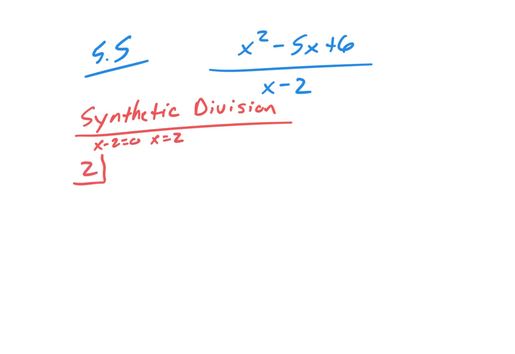So 2 is going to go in the box. So you've got to make sure you have the right sign on it. That's the most important part. Then we're going to put all of our coefficients from the top next to this box. So we're going to do 1, -5, and 6.